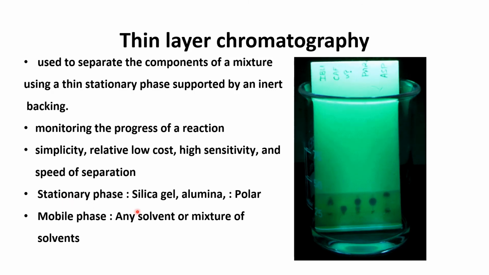The stationary phase, as I told you, is the silica gel or alumina gel, and both of these gels are polar, and the mobile phase again can be any solvent or a mixture of solvents. While monitoring the reaction, we again and again do this process after a certain time so that we get an idea about the reaction.